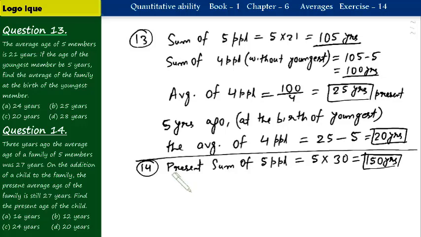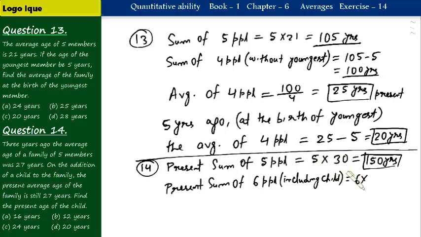Now, on addition of the child, how many people? 5 people were already there. 1 child is added. So now there are 6 people. So the present sum of 6 people, including the child, would be equal to 6 into the present average of all 6 people, which is also 27.